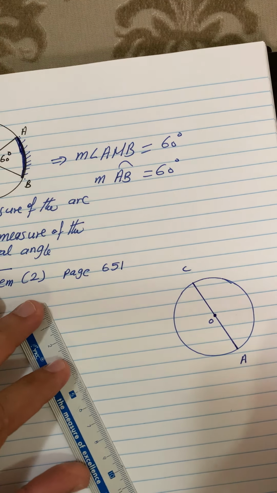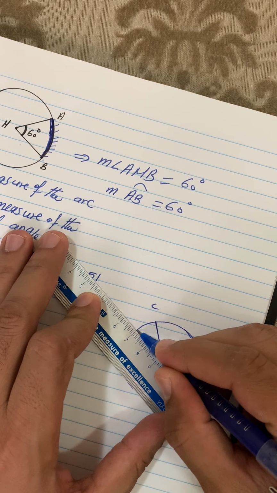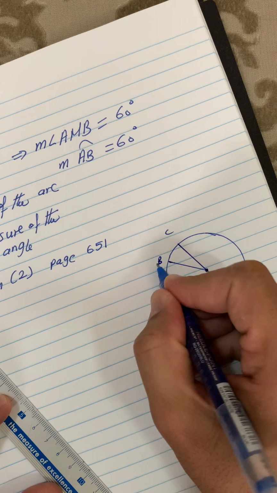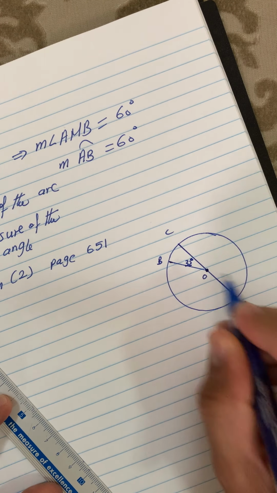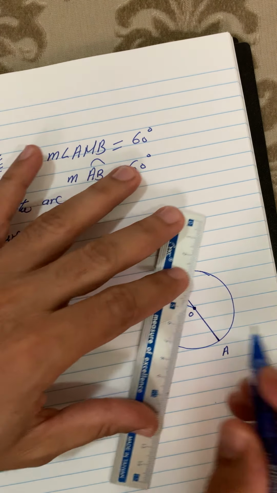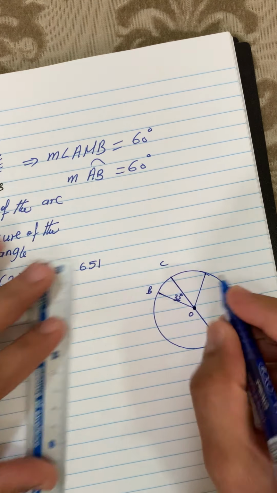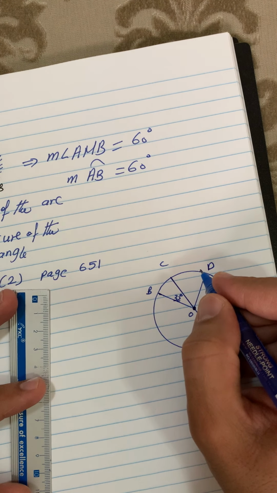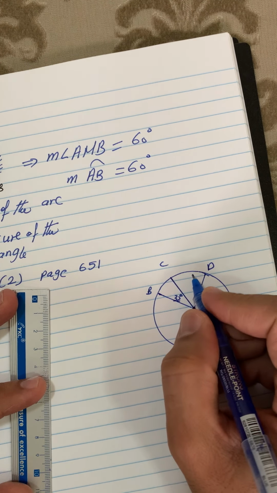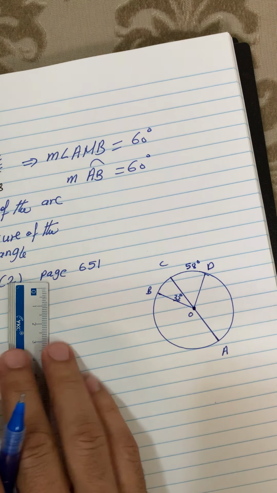We have this angle COB equal to 32 degrees. This is B, this is 32 degrees. And we have OD, another radius, and the CD arc measures 58 degrees.